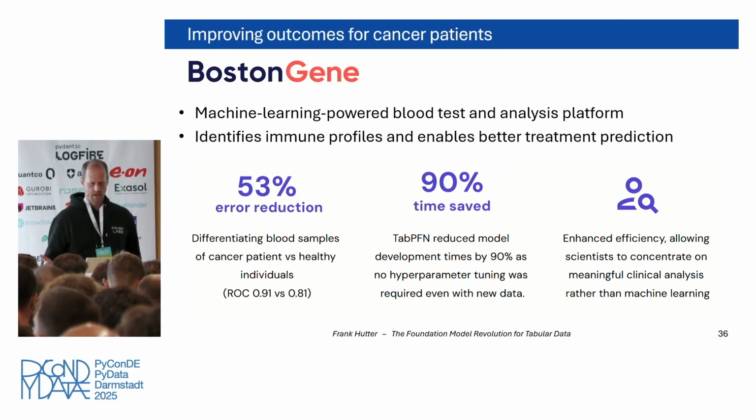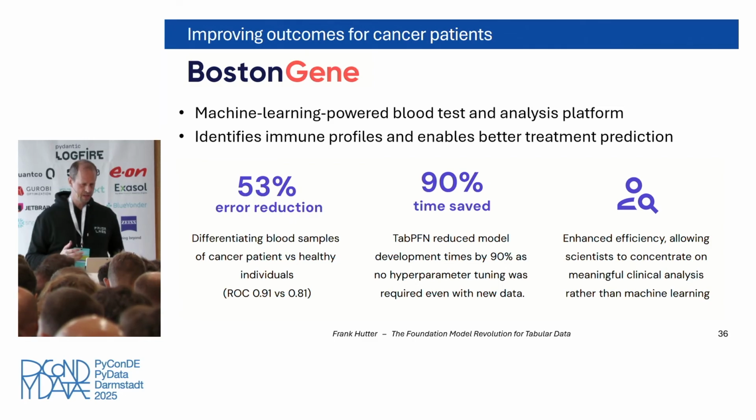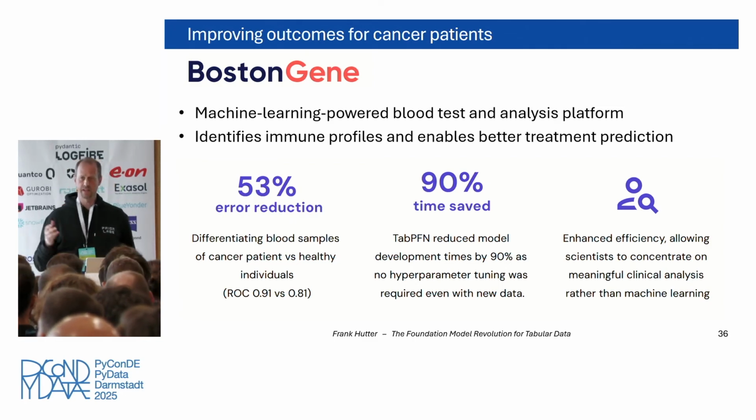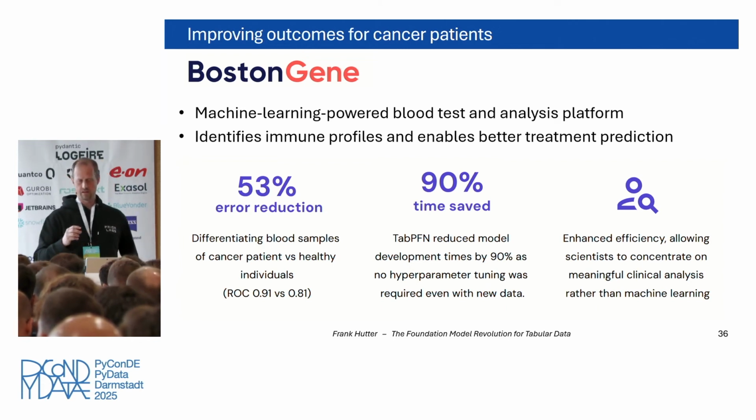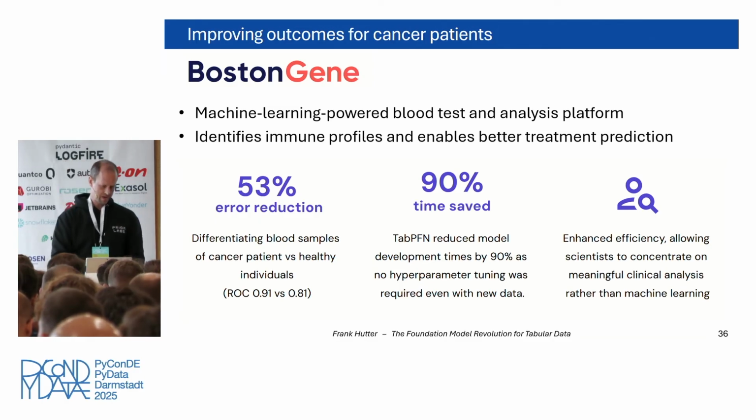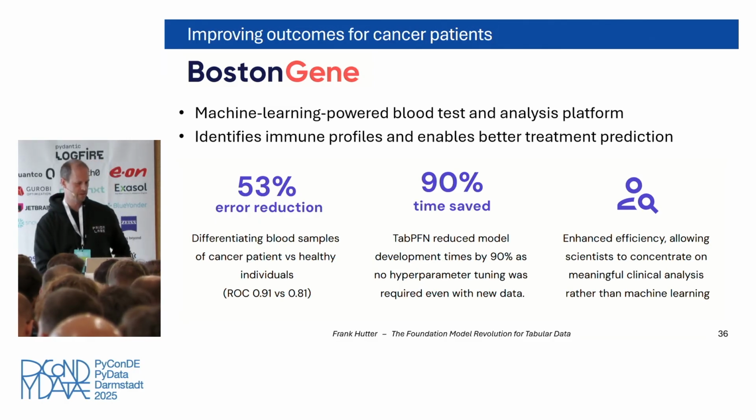And it has been used in a lot of practical applications already. So for example, Boston Gene reported that it's this machine learning powered blood test and analysis platform. They're identifying immune profiles and trying to enable better treatment prediction. And they report that it reduced their errors by 53%.